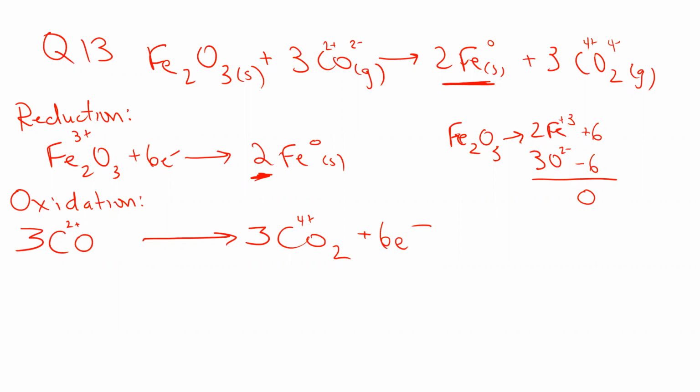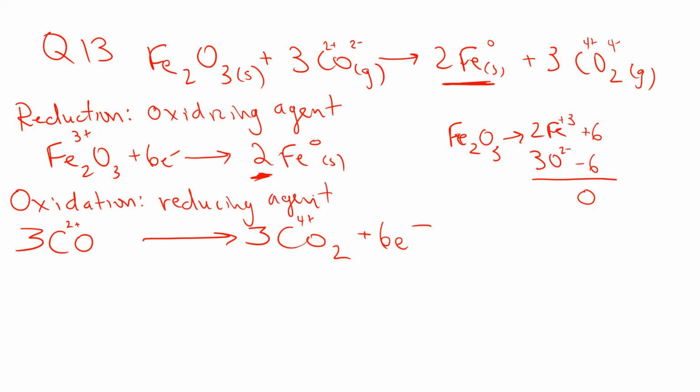The next thing we have to do: what is my oxidizing agent and my reducing agent? Those are always flipped. The oxidizing agent is called that because it causes oxidation; it itself gets reduced. So iron(III) oxide is my oxidizing agent, and that means carbon monoxide is my reducing agent.